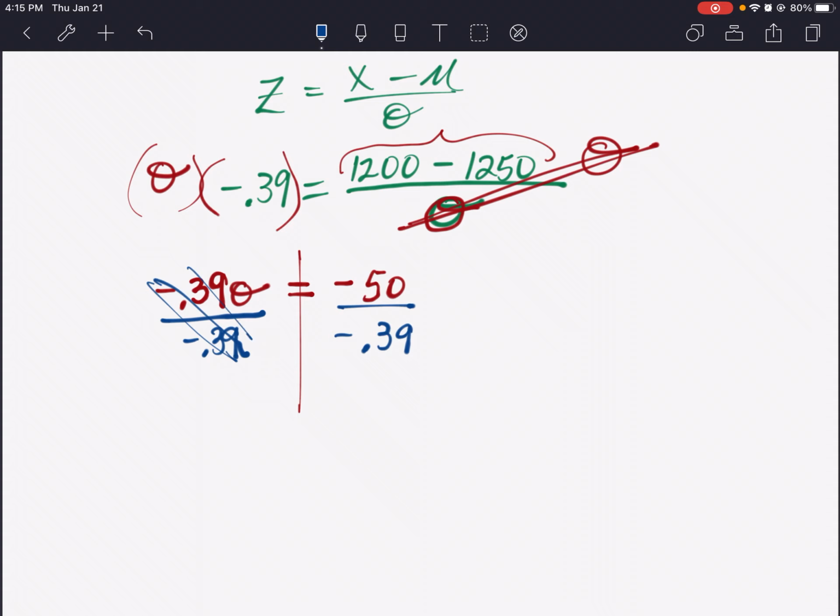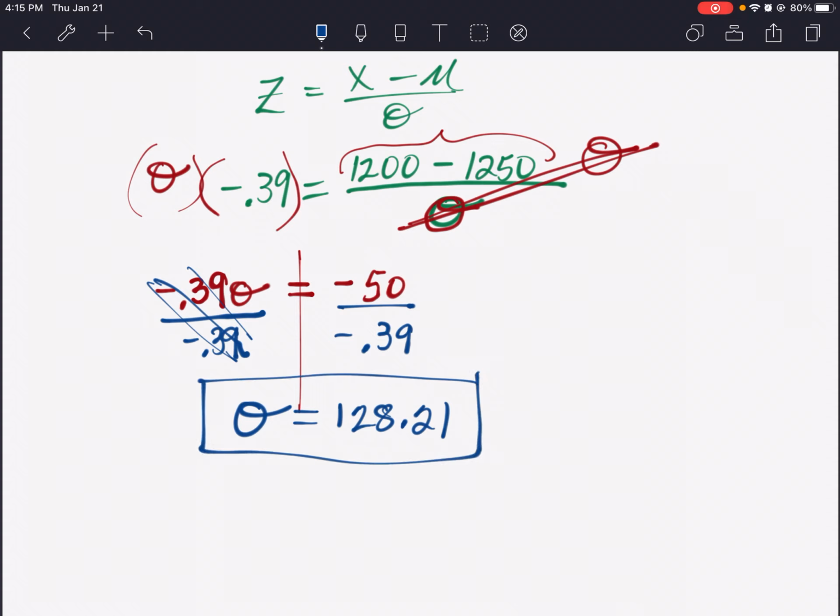So on the left it cancels, and what we have left, sigma equals 128.21. And that is done. Okay, so there's how you solve when that sigma is the unknown.